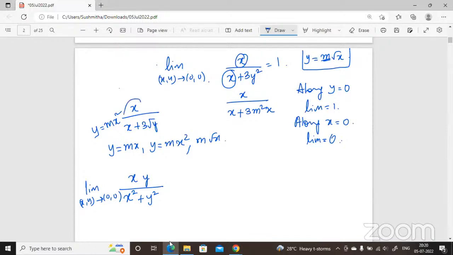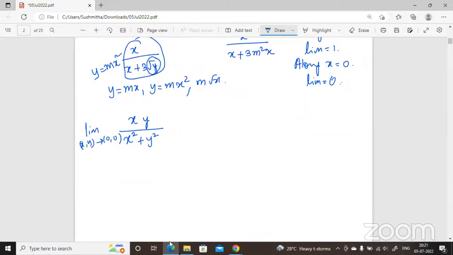So here, if I want to make this term as x, then I want to put something like this, so that when I take square root of y, I'm going to get x there. Right. So now, similarly, what will you do? Yes, ma'am.